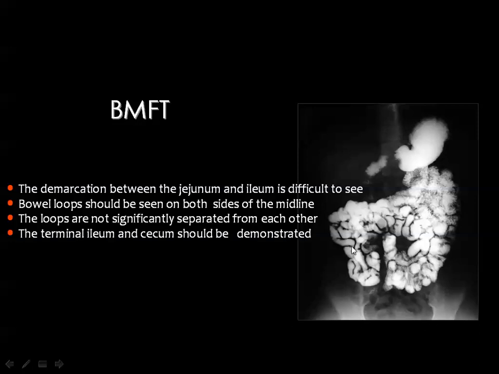The small bowel is examined by what's known as the barium meal follow-through. To do this examination, we give the child barium fluid until we can fill the stomach somewhat, and start imaging the stomach in different positions to show if there is any gastric abnormality.